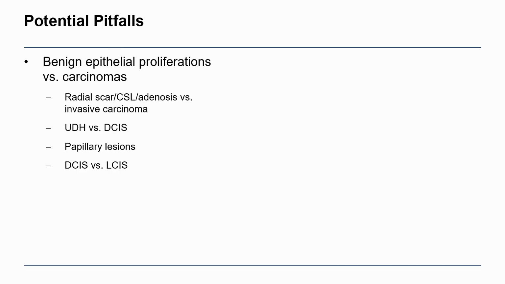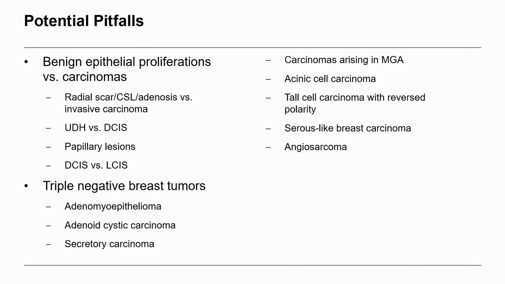But just to talk about potential pitfalls in a little more detail. With benign epithelial proliferations, the mimics are carcinomas, of course. Radial scars versus invasive carcinomas, I've talked about. UDH versus DCIS, intermediate nuclear grade, I think is challenging. Papillary lesions, a whole topic in and of itself. And DCIS versus LCIS, which I touched on already.